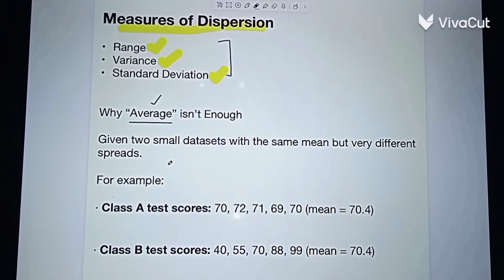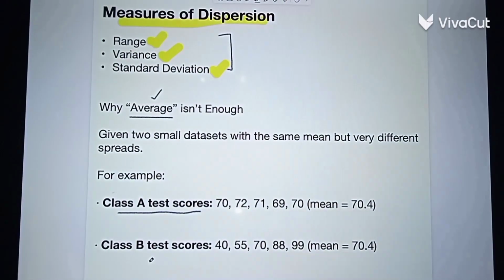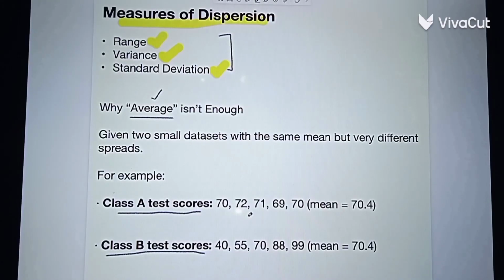For example, two different data sets may have the same mean or the same average, but they may have completely different levels of variability. For example, consider these two data sets, class A test score results and class B test score results.